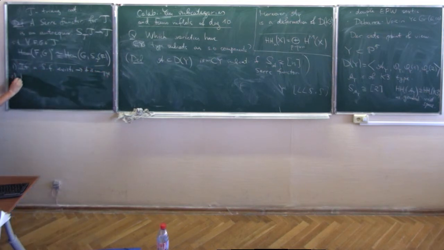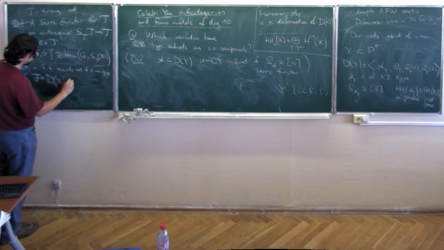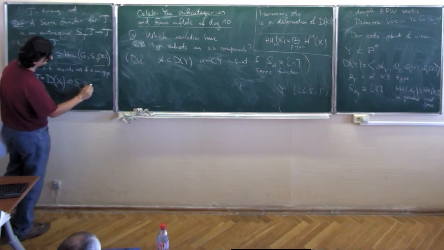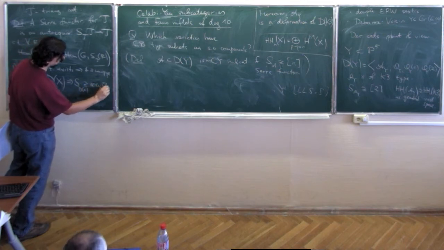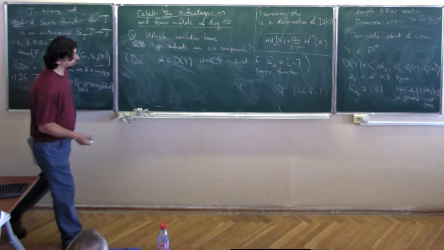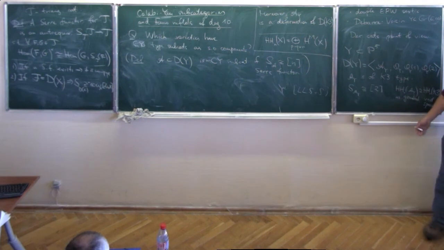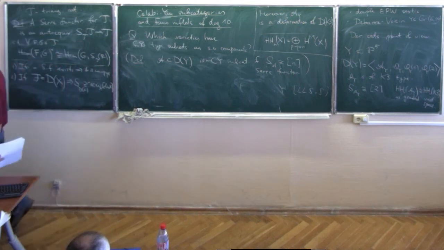And moreover, if T is a derived category of some smooth projective variety X, then its Serre functor is isomorphic to the tensoring with the canonical class and shift by dimension. Also, if you have a semiorthogonal decomposition of a triangulated category, and the category is saturated, then its semiorthogonal component also has a Serre functor, and we can compute it in terms of this semiorthogonal decomposition.